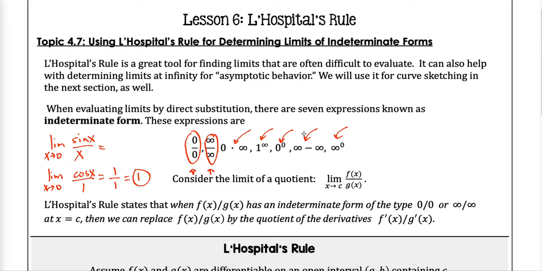Not that these are untouchable, like they can't give you these. I just haven't seen one of those yet. So I'm going under the assumption that they're still going to focus on 0 over 0 or infinity over infinity. That's basically all of your homework as well. They're all set up like that.